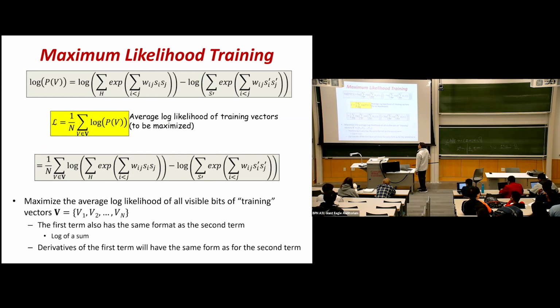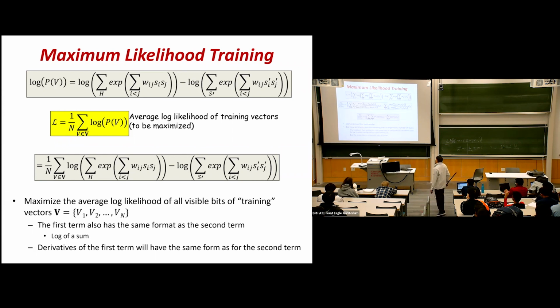And if I just take a derivative and work through this, earlier, for the first term, you just simply had log of this exponent, and the log and exponent canceled out, right? But now once I include the hidden units, there's a summation within the log, even for the first term, both in the numerator and the denominator.